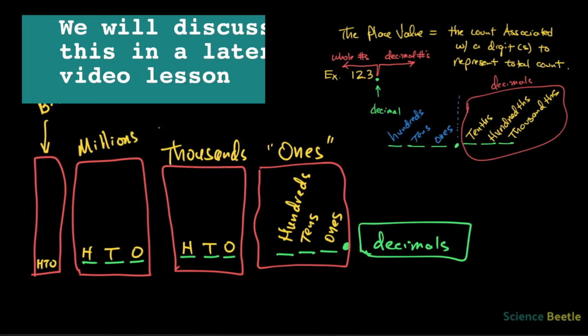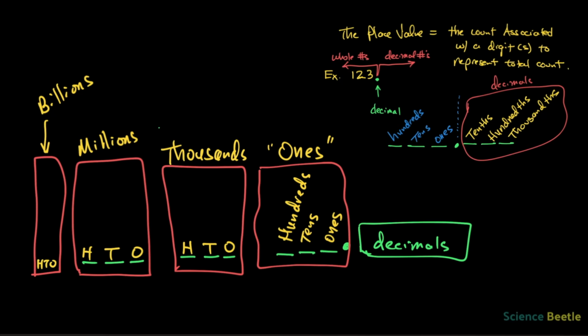At that point, because the number is getting too big, we start getting into a discussion about what systems we use to count very big numbers and what system we use to count very small numbers. That's a discussion for the scientific method. If you want to check that video out, I'll go ahead and link it here so that you can see. But for right now, this is place value.